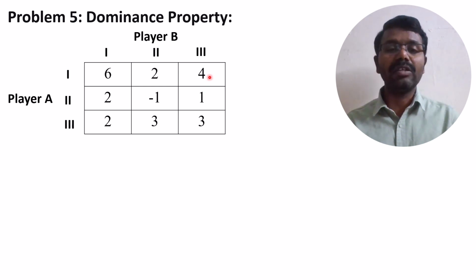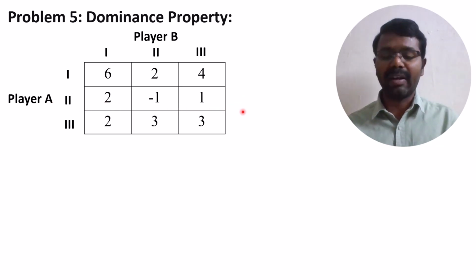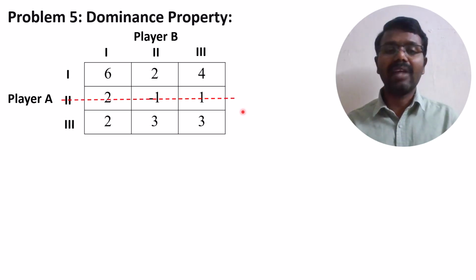And again 1 is less than 4, so strategy 1 is dominated by strategy 2 in all the entries. So we can delete the second strategy from the payoff matrix. So let us delete the second strategy.